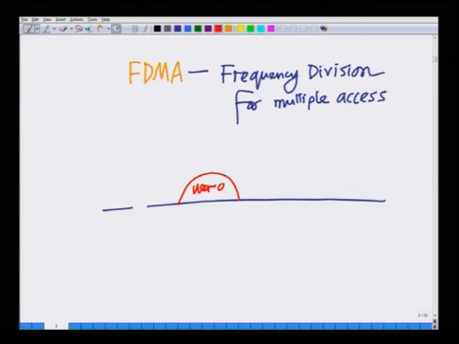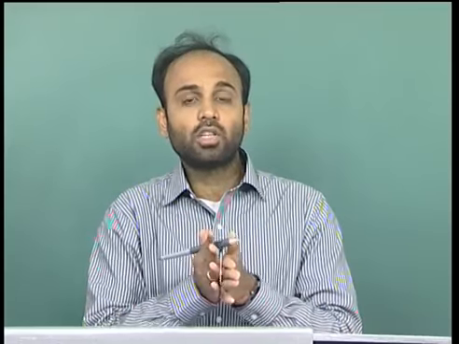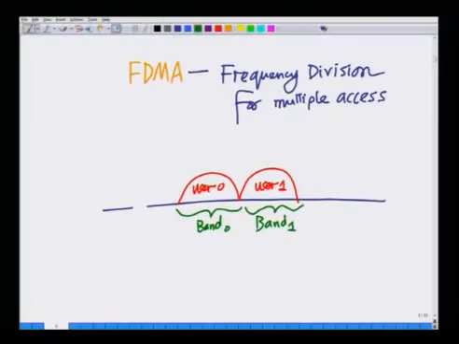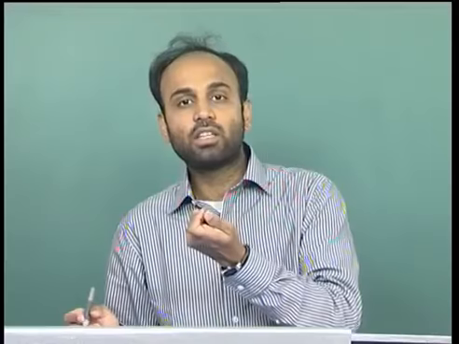I am allocating band 0 for user 0 and band 1 for user 1. So, I am distinguishing both these users on the basis of their frequency bands, that is, user 0 has to tune into his band 0 to get his signal, and user 1 has to tune into his band 1 to receive his signal.